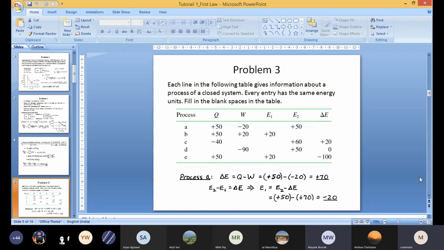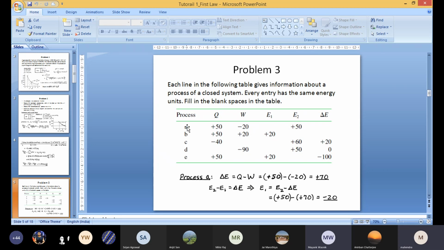Now we are solving a problem about the first law. This is again simply whatever we have seen, delta E equals Q minus W. Okay. So what is this problem?